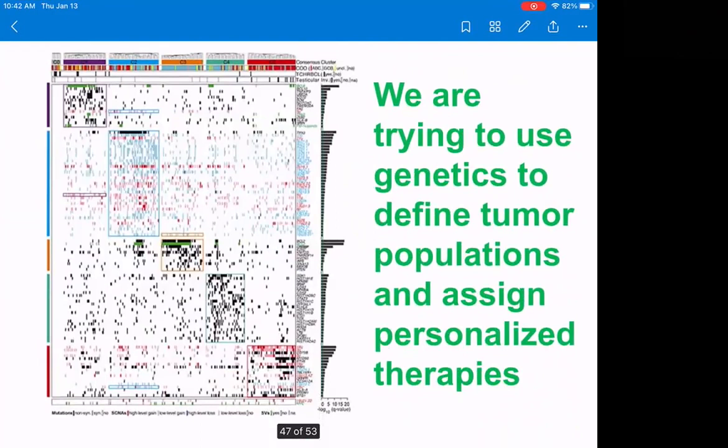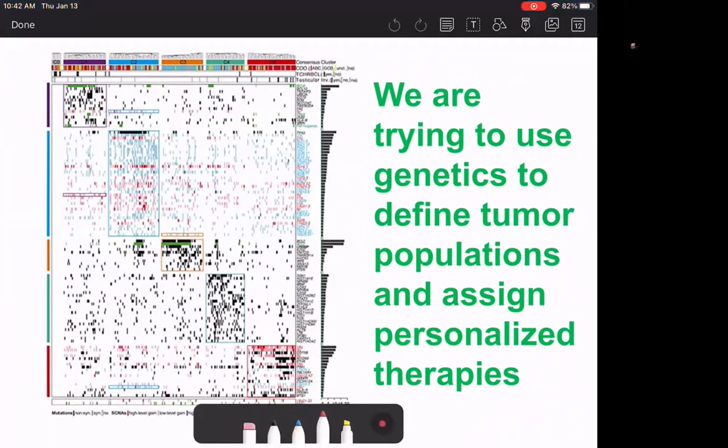Now we're trying to use massive sets of data to find patient populations, for example, that I've got right here, where their tumors behave sort of the same because their tumors sort of went one pathway in evolution. That means that we can maybe start targeting drugs to these people specifically based on their genetics.